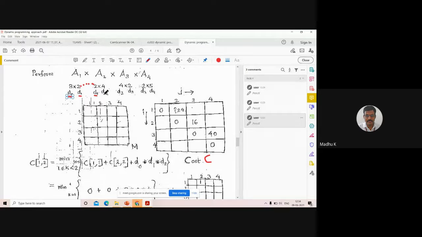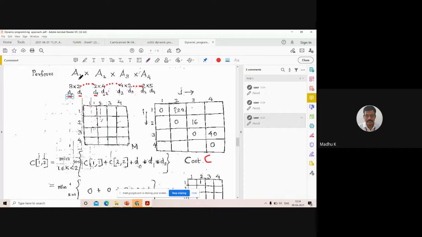Now this is D2. These are equal, D2, D2, and this is D3. Since these are the same, this is also D3 and this is D4. So these are the dimension variables used in this method.